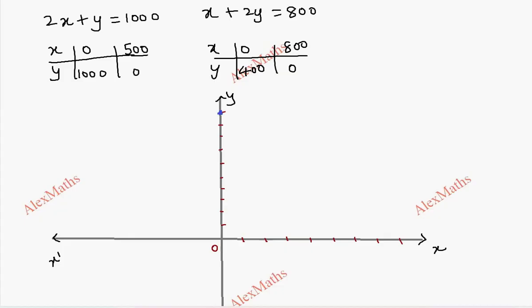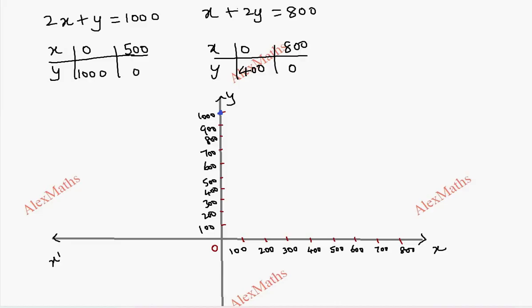And let's write all the values also in the graph. I'm going to take 100 units. So 100, 200, 300, 400, 500, 600, 700, 800. And even here it is 100, 200, 300, 400, 500, 600, 700, 800, 900, 1000.